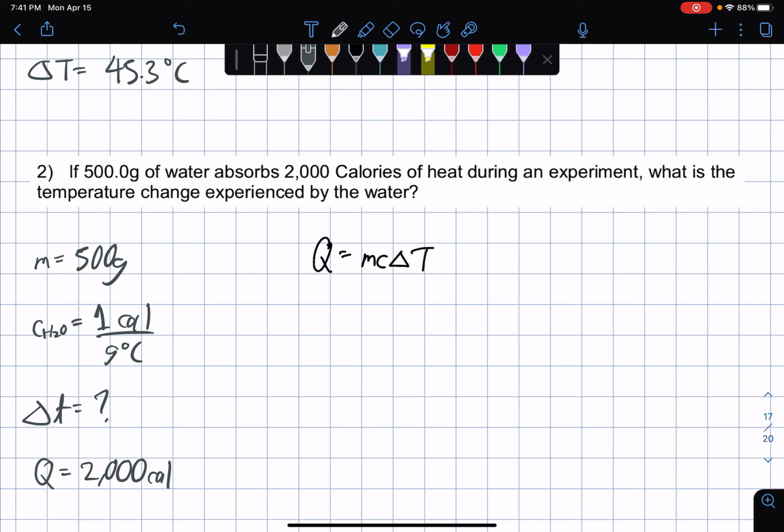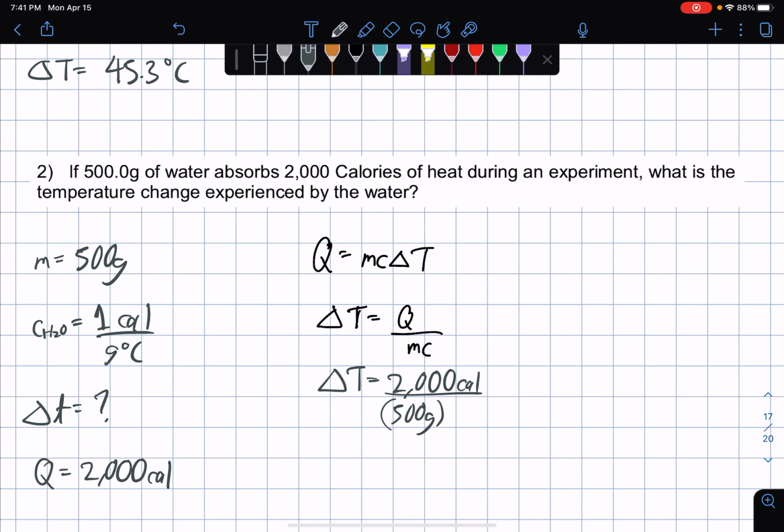Q is equal to mcΔT, such that what we're looking for is the change in temperature. So we can articulate the formula in this fashion. From there, the change in temperature is equal to 2,000 calories over the mass, which is 500 grams, times the specific heat, which is 1 cal over gram times degrees Celsius.